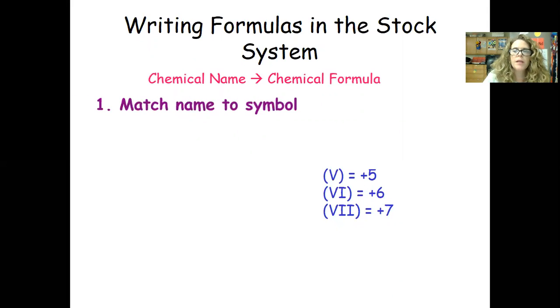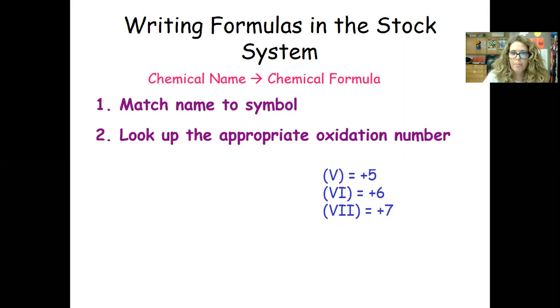Chemical name to chemical formula: match the name to the symbol, and then we're going to look up the appropriate oxidation number. We did this when we wrote chemical formulas in our previous lessons. We looked at the reference tables and figured out the oxidation state for the metal or the non-metal. Now for the transition metals in the center, there's more than one possibility, so we need a way to distinguish which one it is, because no two chemical formulas can have the same name.